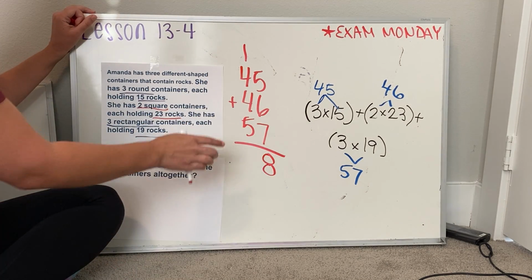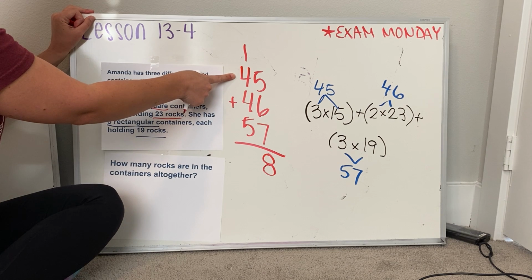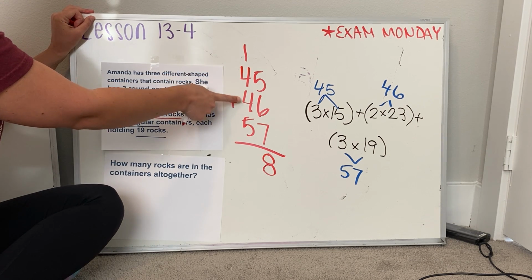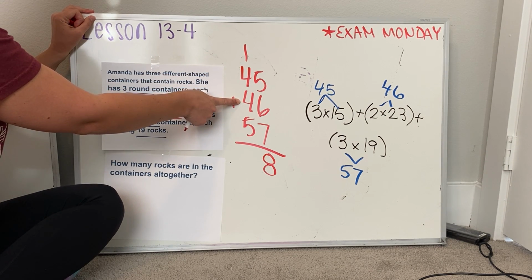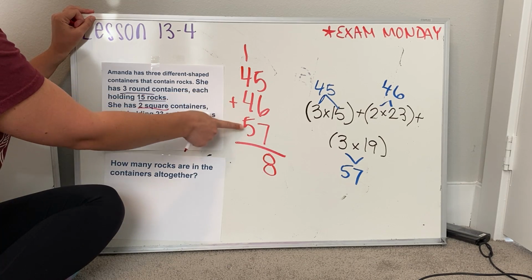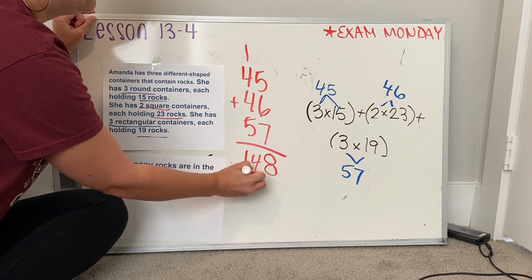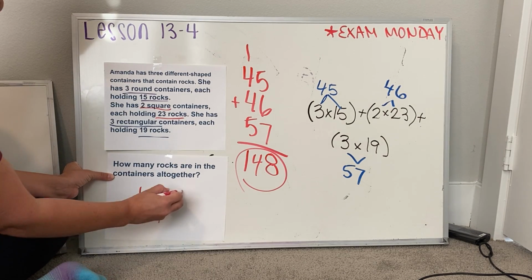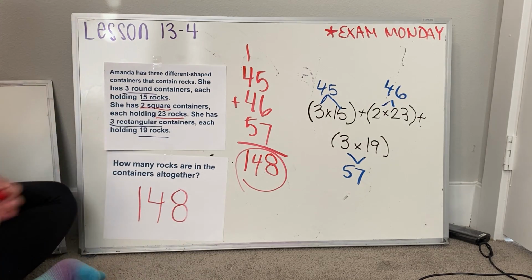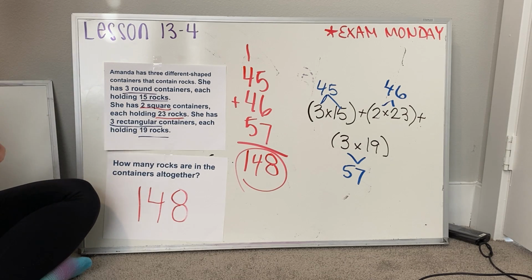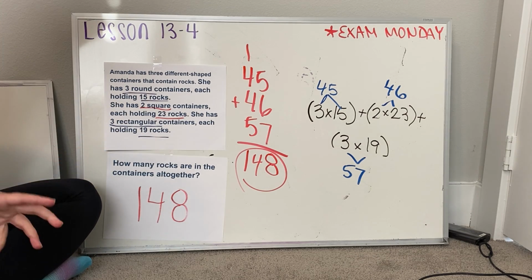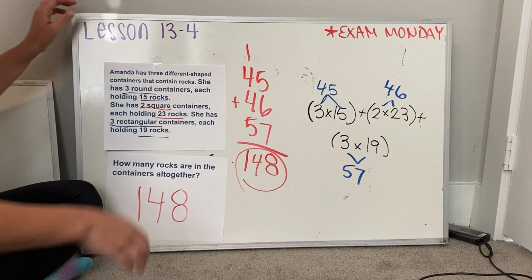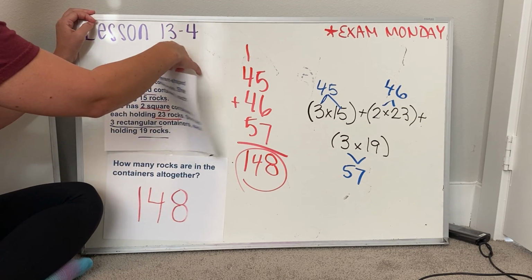Carry the 1. 1 plus 4 is 5. 5 plus 4 is 9. And 9 plus 5 is 14. So our answer for that one is 148 rocks.